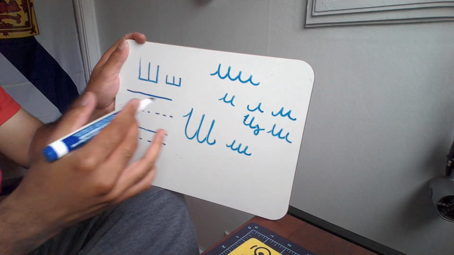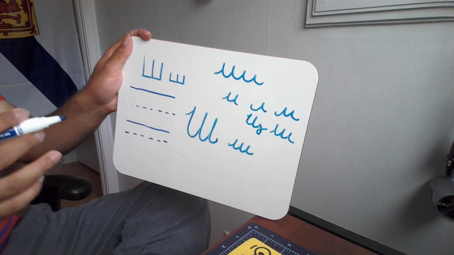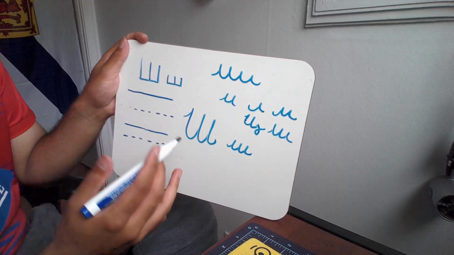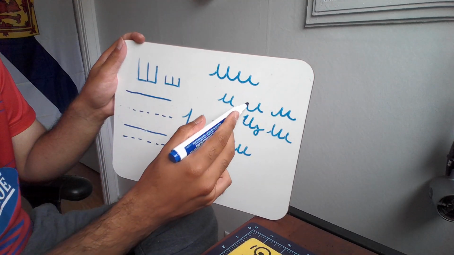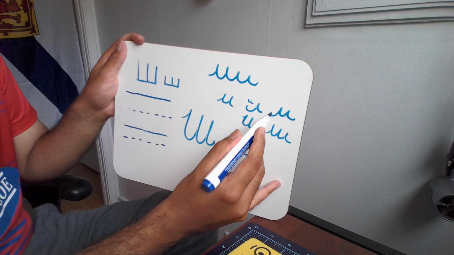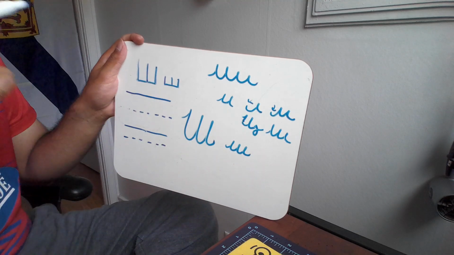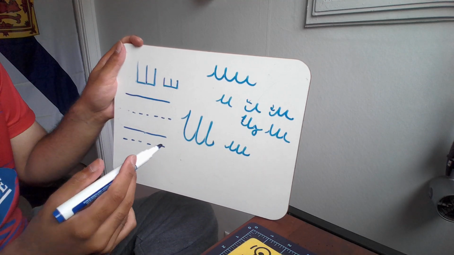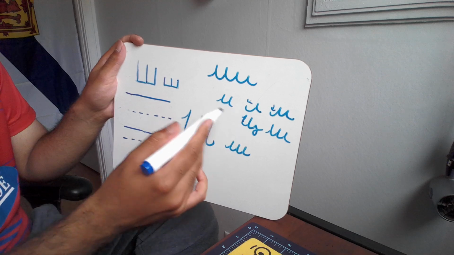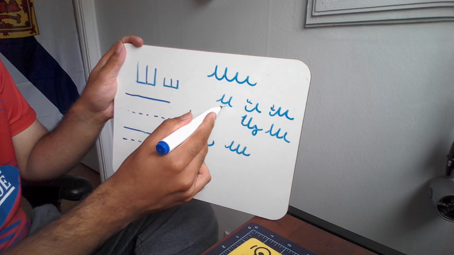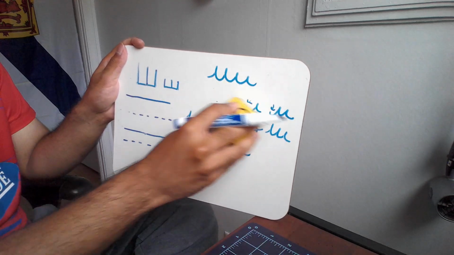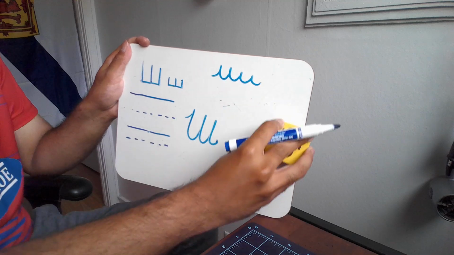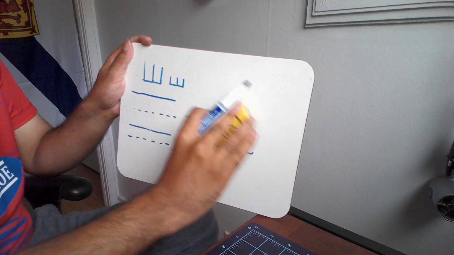If you have a bunch of these letters one after another, it can be very difficult to tell which one's which. That's why some of them have this little hook at the start. The L and the M have this hook at the start, so that we can tell them apart from all these other letters.